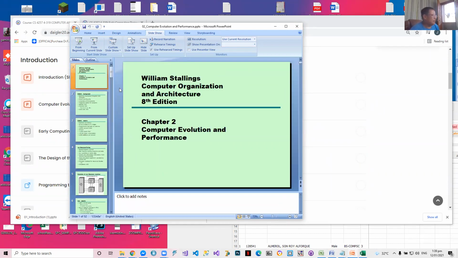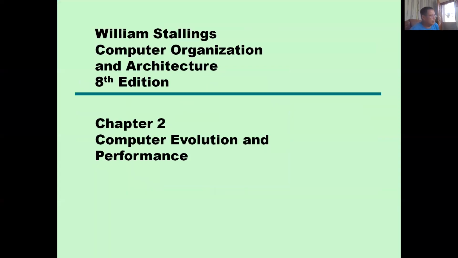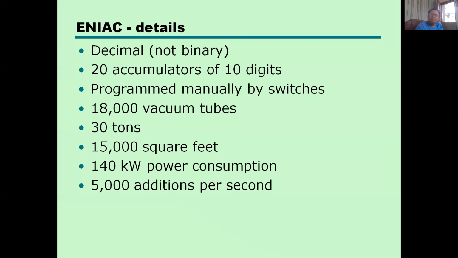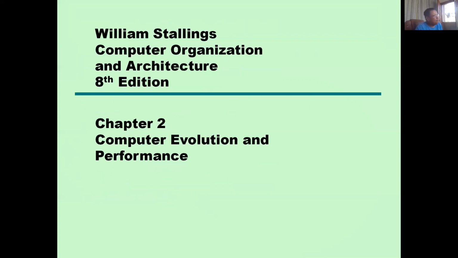And then the next part is about computer evolution and the different periods or generations of computers. Okay. Now this is very important. The evolution of computers is very important in computer architecture. Why is that?